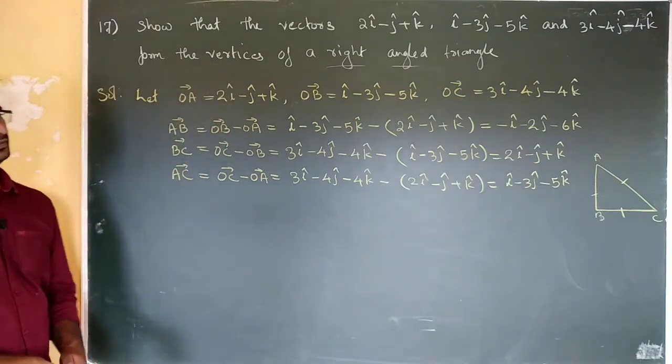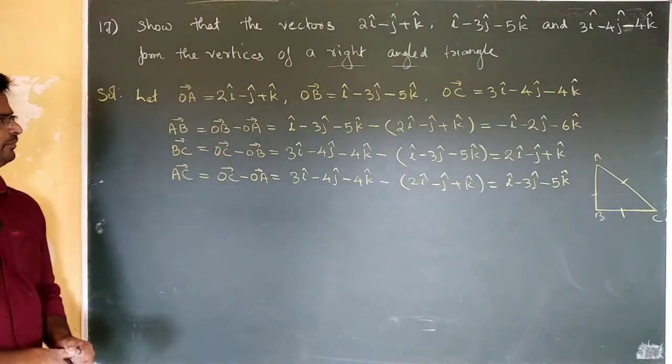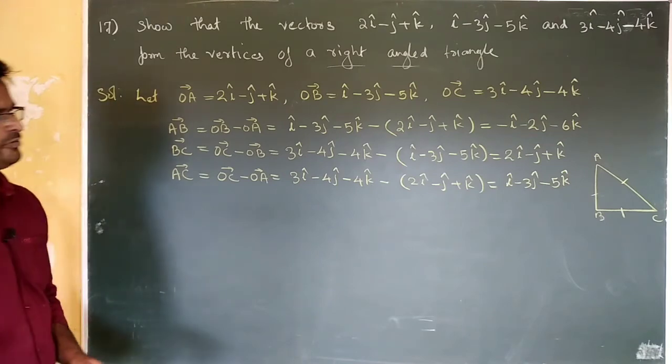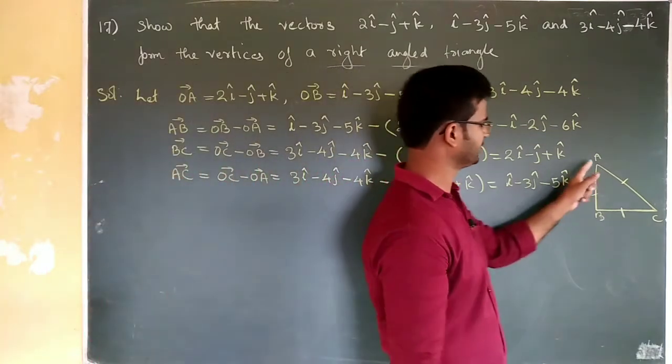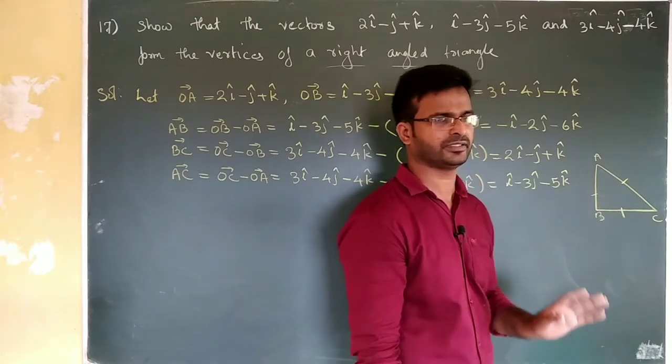We got three sides AB, BC and AC. Now we will find out the length of the three sides. Length means magnitude, isn't it?